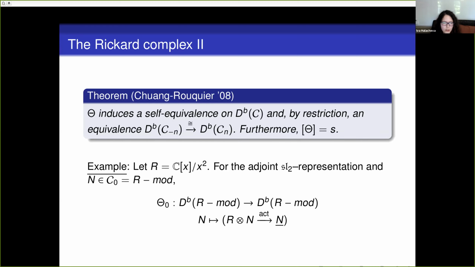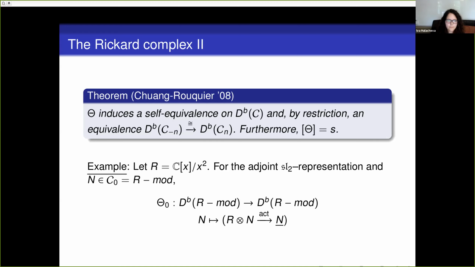And in particular, if we restrict it to the weight categories, then we get an equivalence there as well. And the decategorification of this complex is the element S that we were looking at.